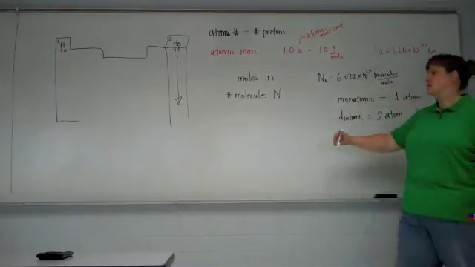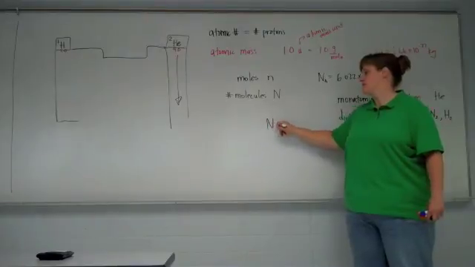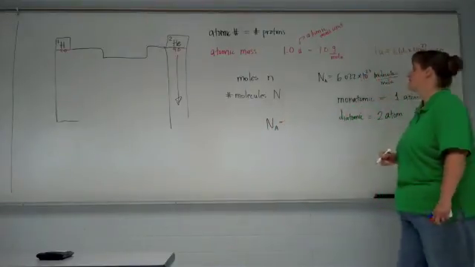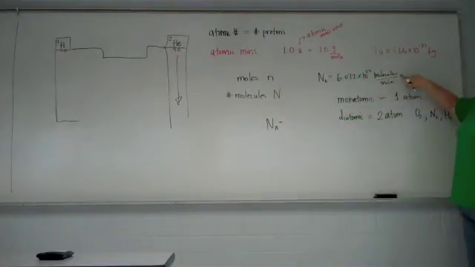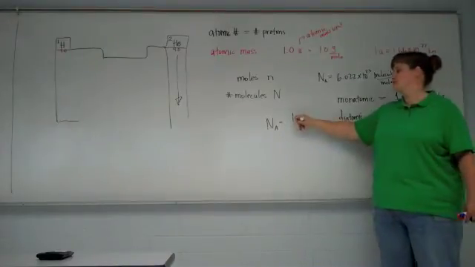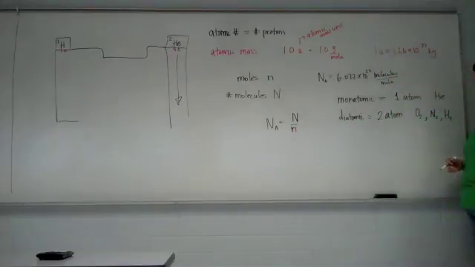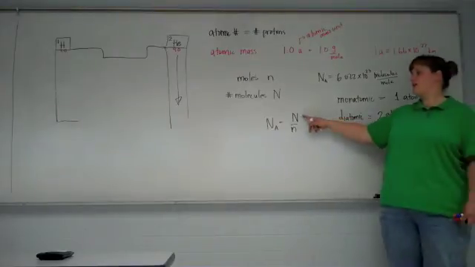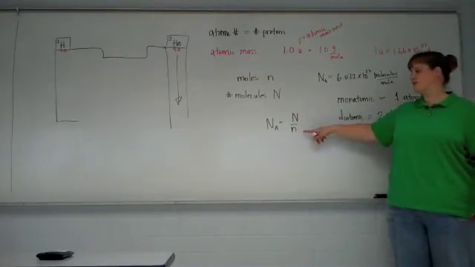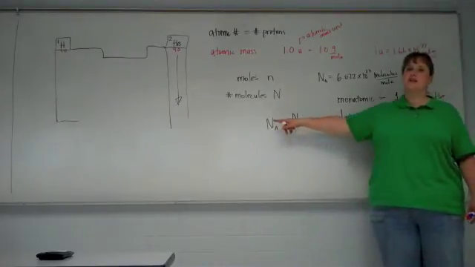So these three are related. Avogadro's number represents a certain number of molecules per mole. So the ratio of number of molecules over number of moles is Avogadro's number.